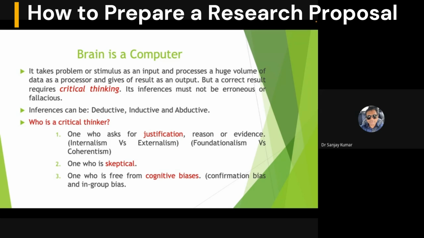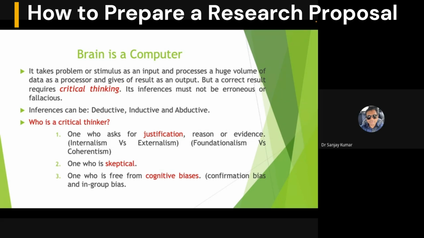For example, for confirmation bias, we can have an example in medical sciences. If you go to a doctor and she has this diagnosis that you have this disease called X, then once she says that the patient has the disease called X, what will she do?